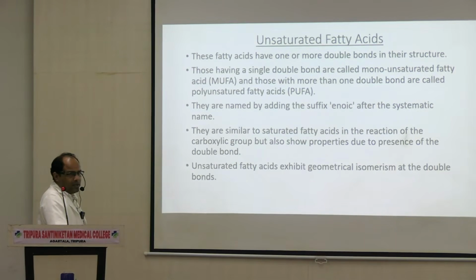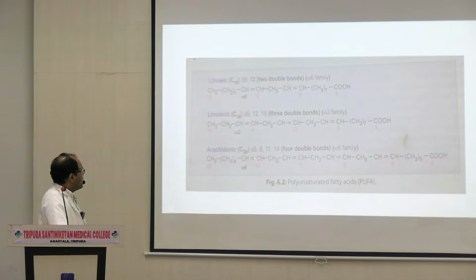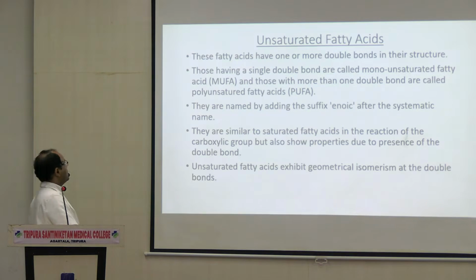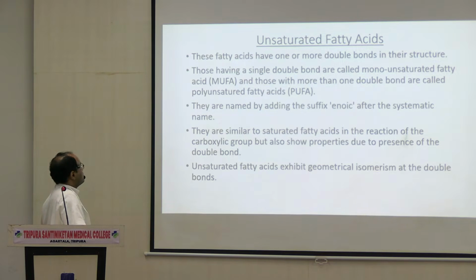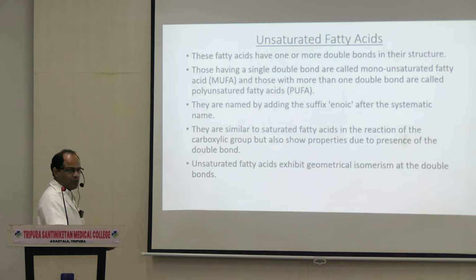Okay, so if there is a double bond, you can kink here, you can rotate. This is not rigid. Because double bonds can kink, they exhibit geometric isomerism at the double bonds.